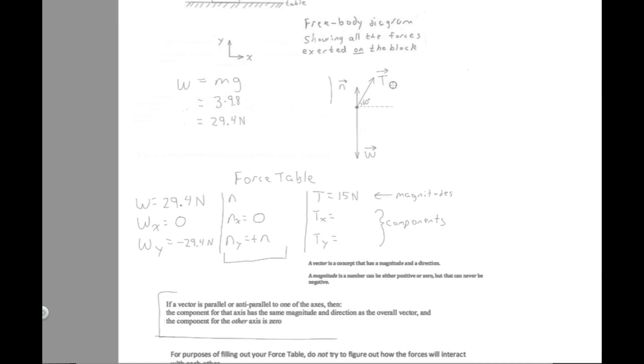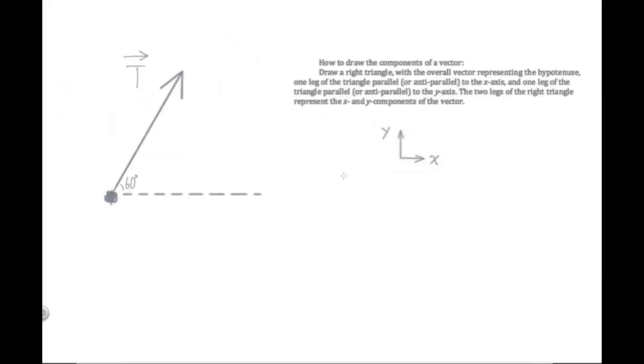So we'll draw a separate sketch where we draw the right triangle that we'll use to break the tension force into components. So we've recopied the overall tension vector with its angle, and now we have to draw that right triangle.